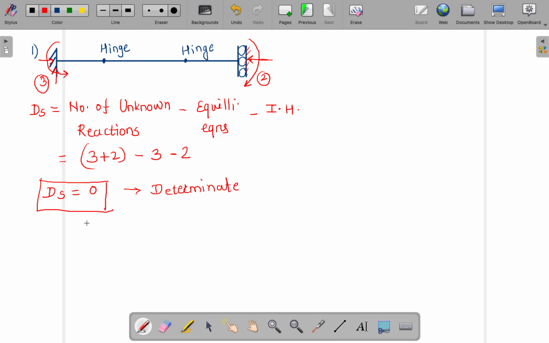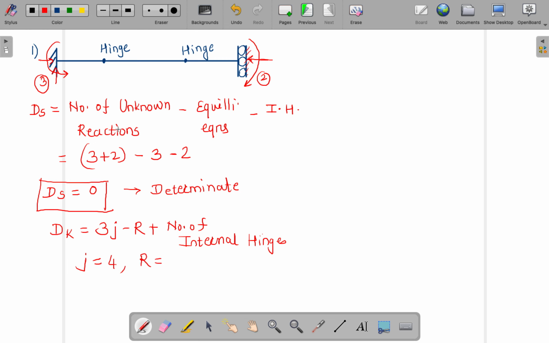Now let us see what will be the degree of kinematic indeterminacy. Do you remember the formula? The formula is 3j minus r plus number of internal hinges. Now how many joints are there? j is equal to 1, 2, 3, 4, so 4 joints.